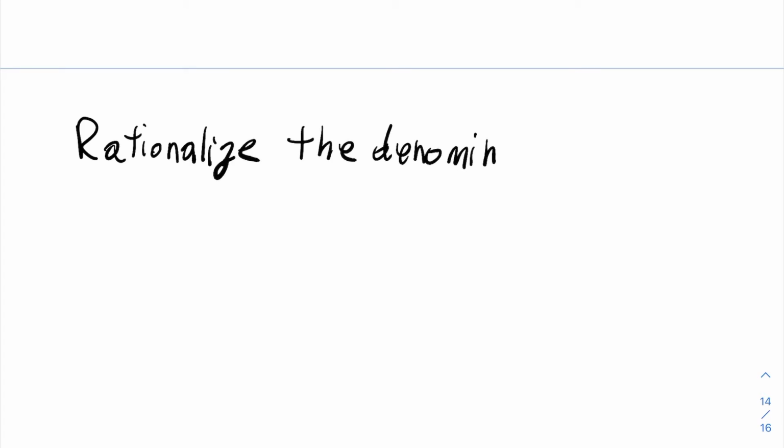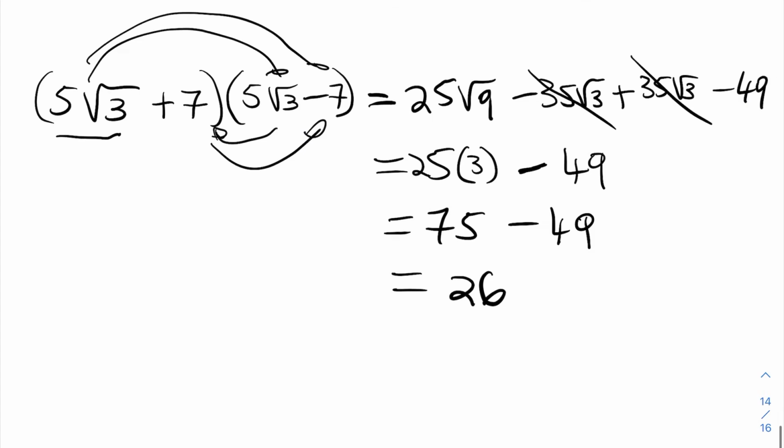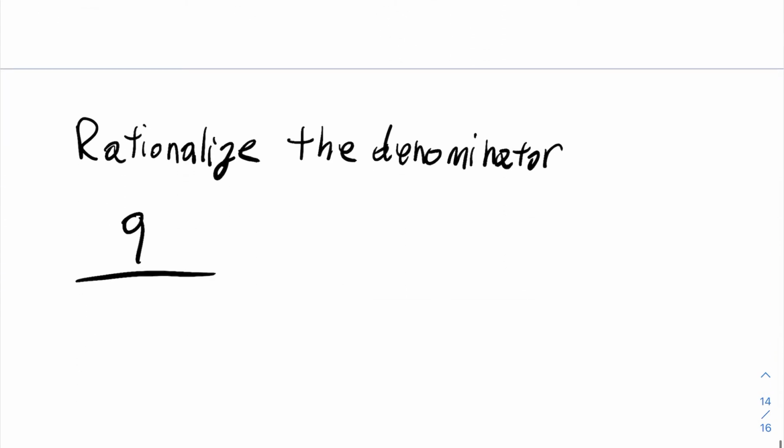Let's use that fact. Let's say I say rationalize the denominator. Let's say I give you 9 over 5 square roots of 3 plus 7.